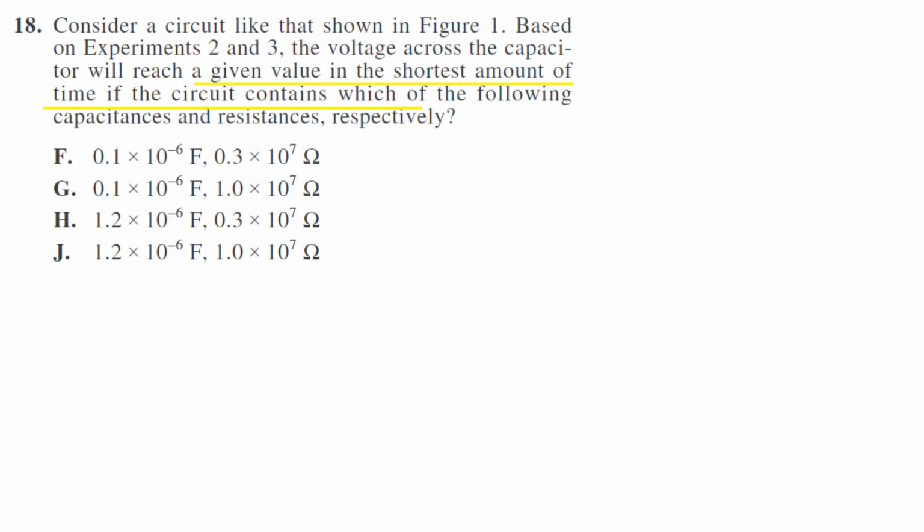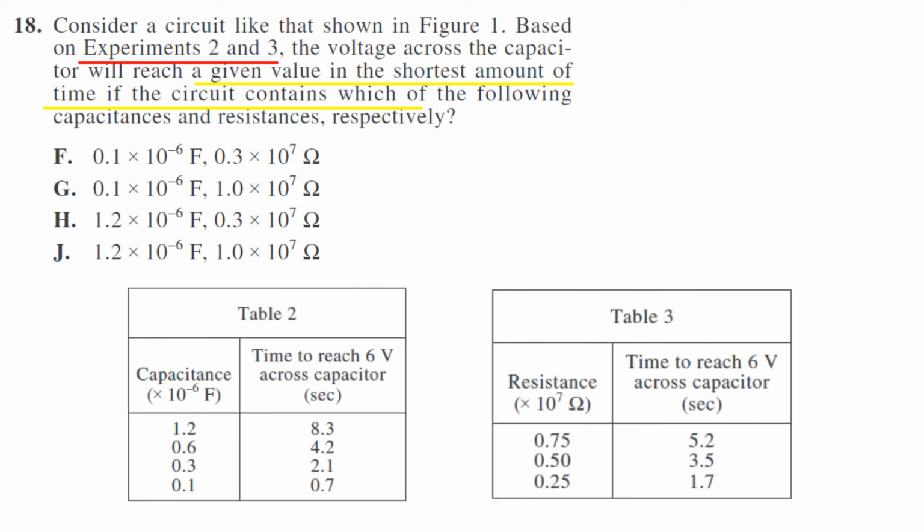Question 18, your first read through: we're looking for the given value in the shortest amount of time for a circuit. So fingers on experiments 2 and 3. We'll start with the F first. You don't have to know what that stands for, just know where you're looking for that symbol. We're looking for the time across it to be the fastest, and it's 0.7.